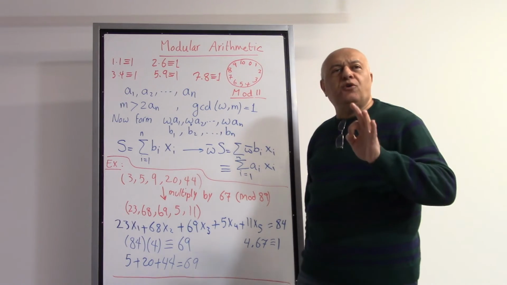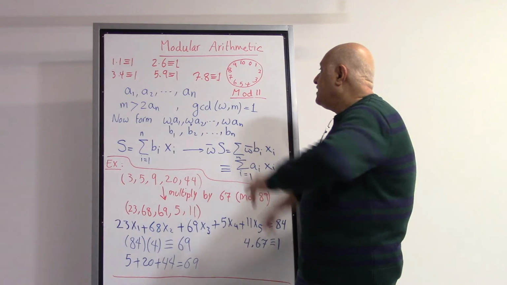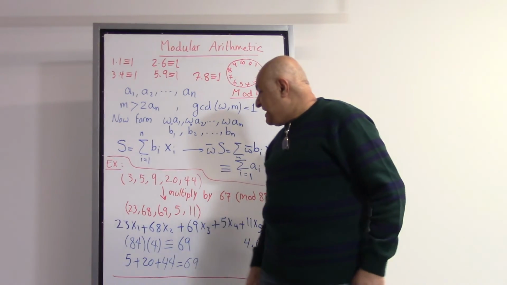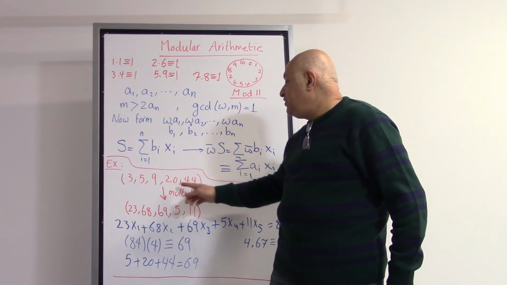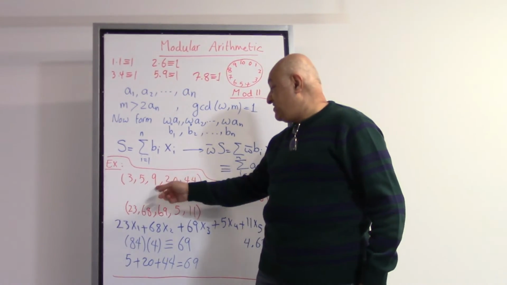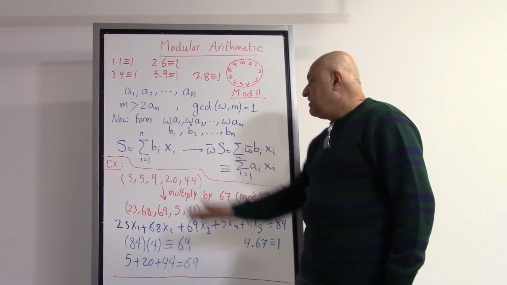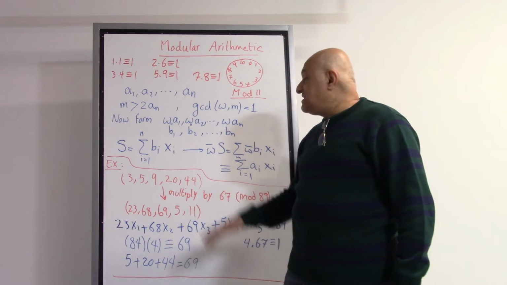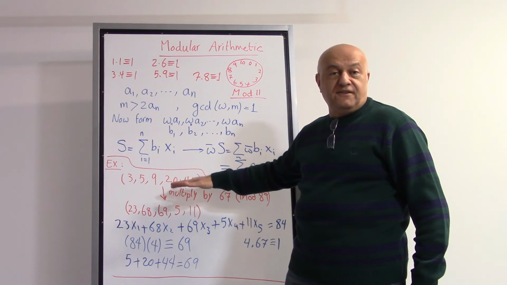Let me quickly do one example on that, because that was the general idea. Let's say you have this sequence 3, 5, 9, 20, 44. This is a super increasing sequence because 3 plus 5 is 8, which is less than 9, 3 plus 5 plus 9 is less than 20, etc. This is the key that you have to keep private.